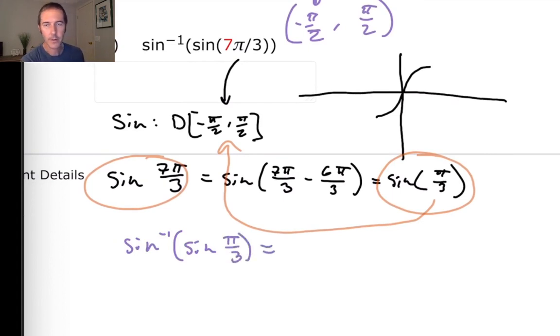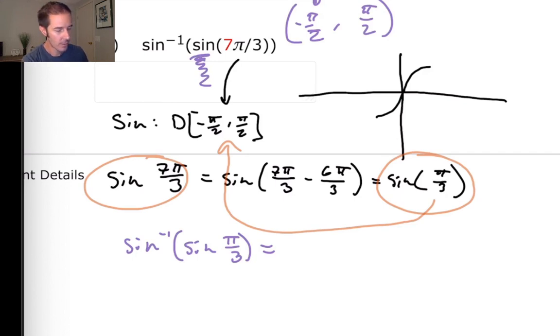And as we talked about in the previous problem, since pi over 3 is in the domain of the restricted sine function, and therefore in the range of the, well, it doesn't matter if it's in the range. We're just checking the domain of the inner function. If you look back at the original question, to the right of my head, this is the inner function. I'm concerned with the domain of the restricted sine function, since sine is the inner function.